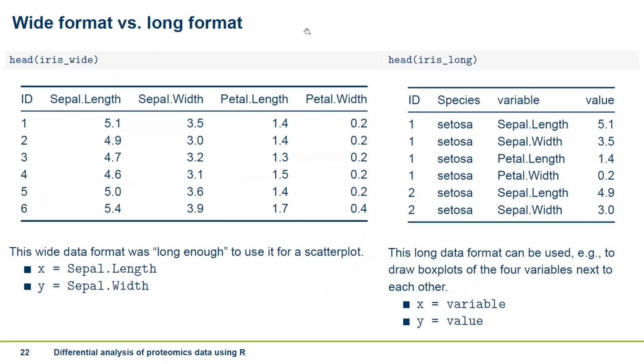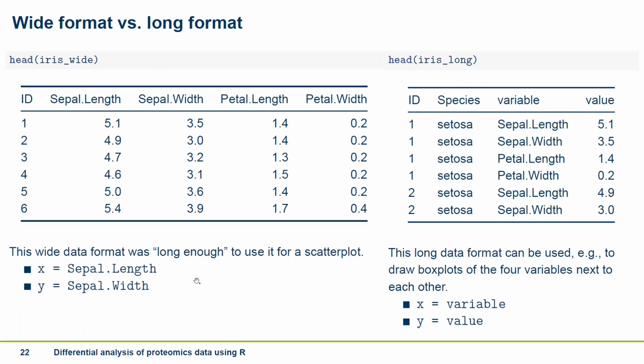One thing to keep in mind is that the definition of what is wide and what is long format is a bit flexible, because it depends on the plot you want to do. What we saw in the example before is that we used the original wide format iris data set to plot a scatter plot. So this actually was long enough to do this because we wanted to use the sepal length on the x-axis and the sepal width on the y-axis.